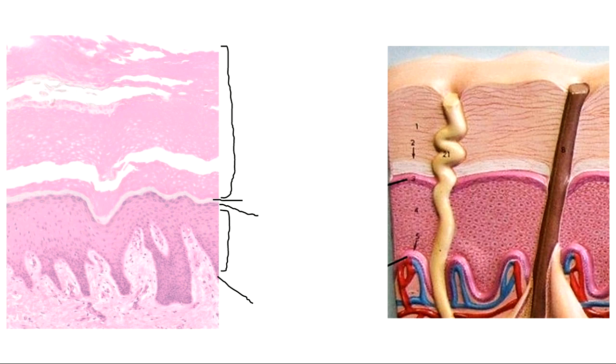The very bottom layer, the lowest stratum in the epidermis, what was the name of the lowest layer in the epidermis? What's that lowest layer called? Yeah, stratum basal. That's the one in the basement at the very bottom. So stratum basal is my very lowest layer of the skin.